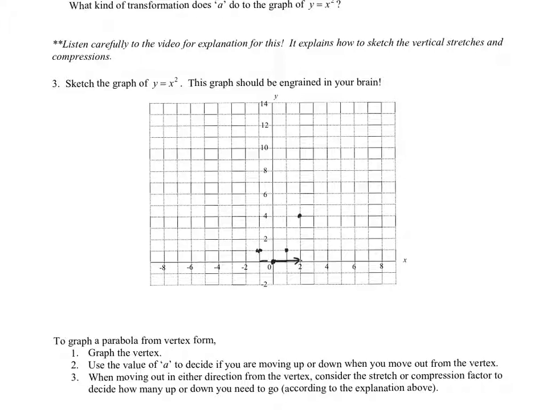Out 2 to the left, I'm still moving up 4. If I move out 3 units from my vertex, 3 squared is 9, I should be going up 9. Out 3 to the left, I should still be going up 9. So that's where we get our general opening of y equals x squared.